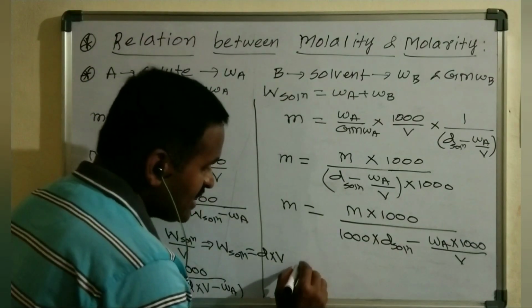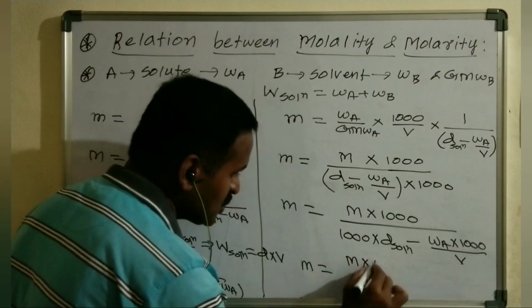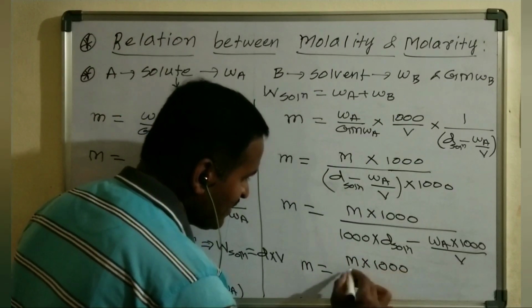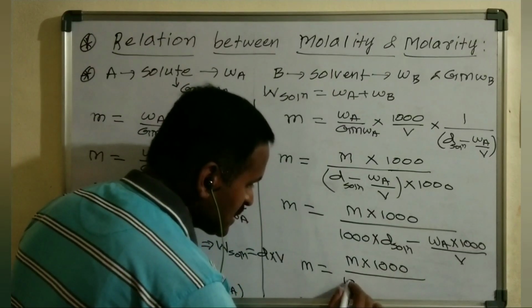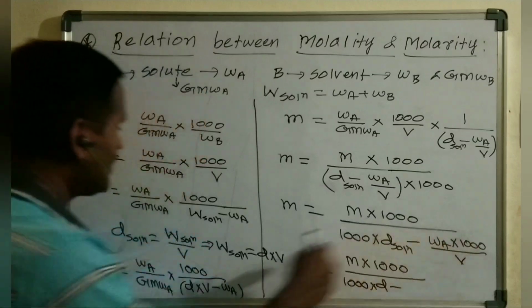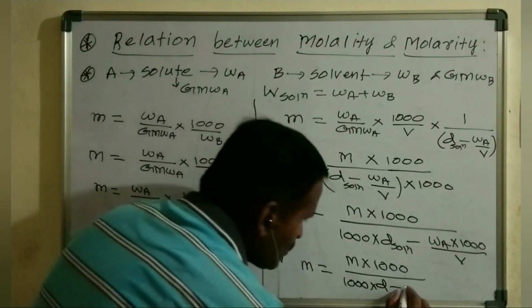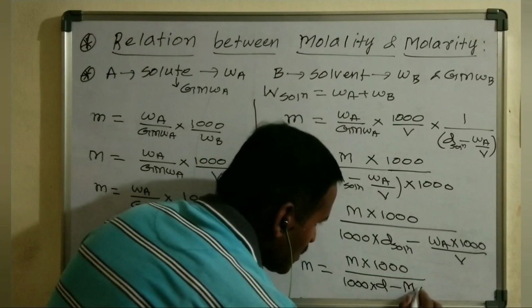So I can write molality is equal to capital M into 1000 divided by 1000 into density minus this whole term, which is equal to the molarity into the gram molecular weight of solute, capital M into GMWA.